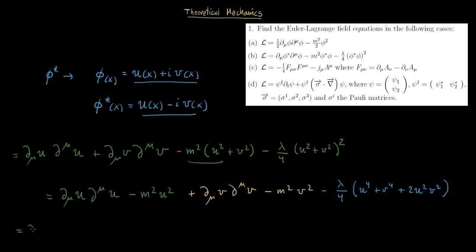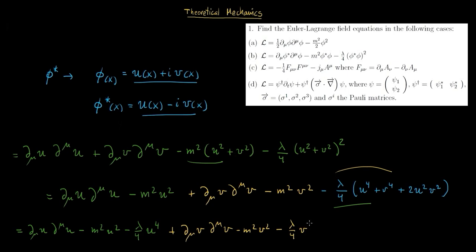So let's join partial mu u partial mu u minus m squared u squared, and this term also minus lambda over 4 u to the power of 4, plus partial mu v partial mu v minus m squared v squared, and minus lambda over 4 v to the power of 4, and the final term is lambda over 2 u squared v squared, or if you want, I will put u in green and v in yellow.